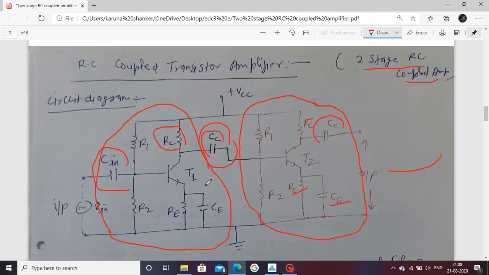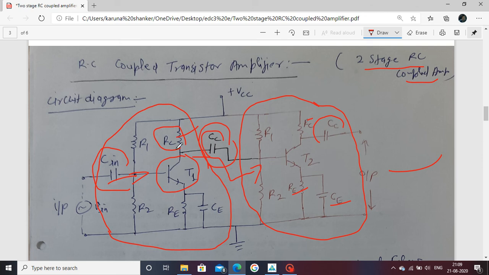All those points mention the working of the individual components. Note down that a capacitor passes only the AC signal and blocks the DC component. Here, what you apply on this side, the AC signal passes through the CE component and is amplified by the T1 transistor, and the amplified output comes across RC. Whatever appears across RC as the amplified output passes through the coupling capacitor to the base of the second transistor.